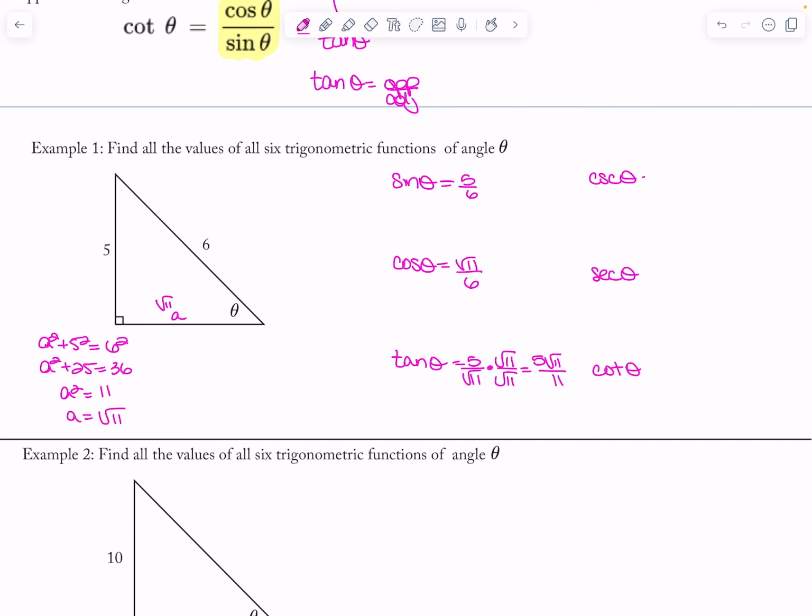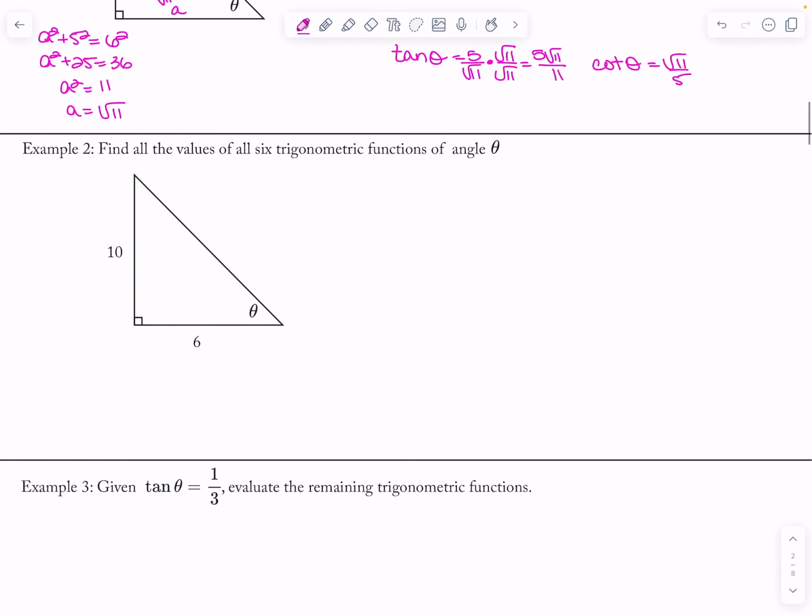Then cosecant is 6 over 5, so I just flipped the fraction. 1 over sine is the same thing as flipping the numerator and denominator. Secant would be 6 over root 11, and then I rationalize my denominator, so multiply top and bottom by root 11, so 6 root 11 over 11. And then cotangent is root 11 over 5.